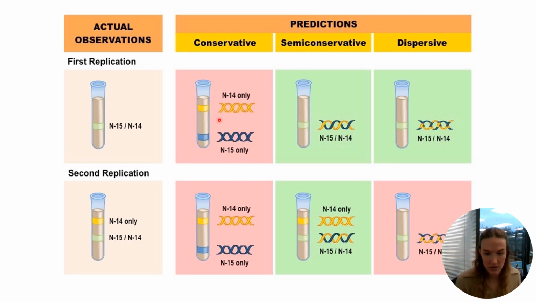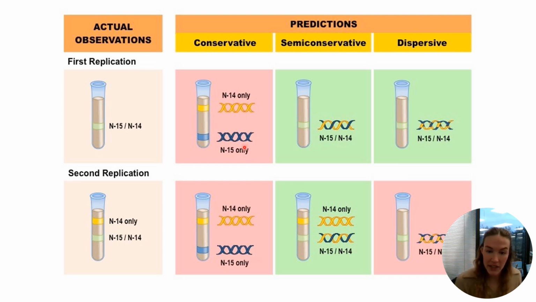So they started with the parental strand like we saw two slides back, and if it was conservative, what they should have seen was a band that was entirely old and one band that was entirely new. So that would mean that none of the N15 would be incorporated with any of the N14. This is the light nitrogen.